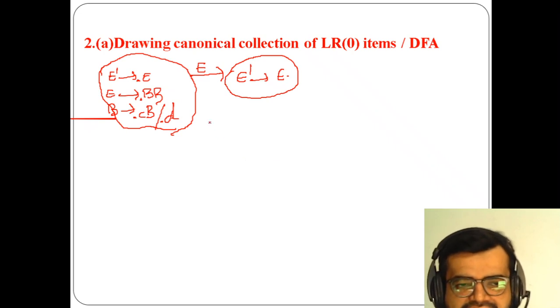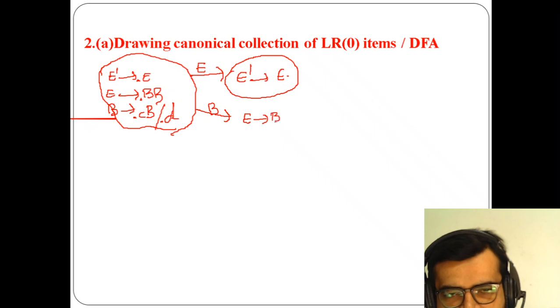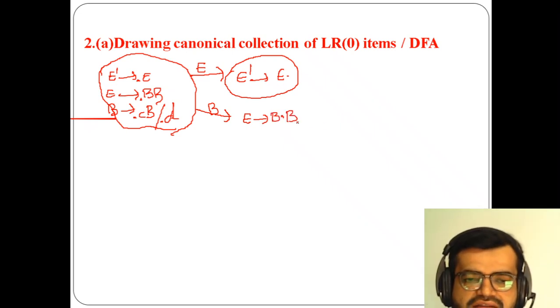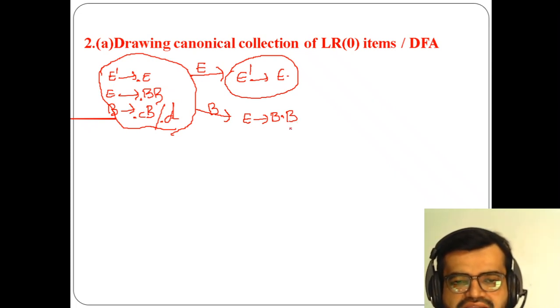Then similarly, what is the next part? B is there. In the next production, if you observe, after the dot B is there, so I have to move towards B. When I move towards B, we get E of B dot B. And after the dot, what do I still have to read? B. So for B, what is there in B?